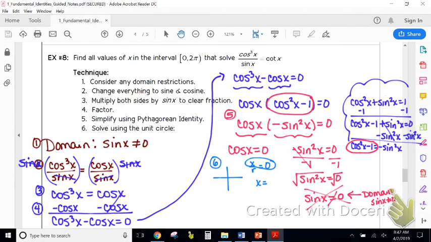Well, let's see. It's equal to 0 on the y-axis, correct? So that would be here, which, what is that angle? Pi over 2. And it's also down here, what is that angle? 3 pi over 2. And are those angles between 0 and 2 pi? Yes, they are. Okay, they're on our first circle. Okay, so there are my two solutions.